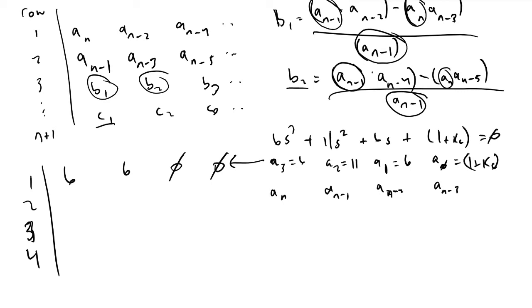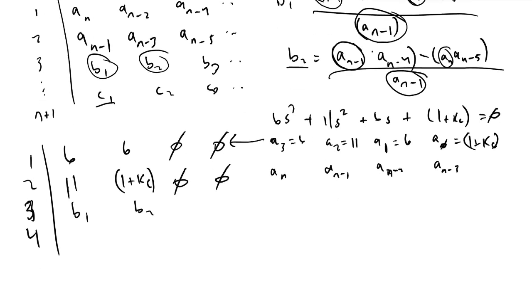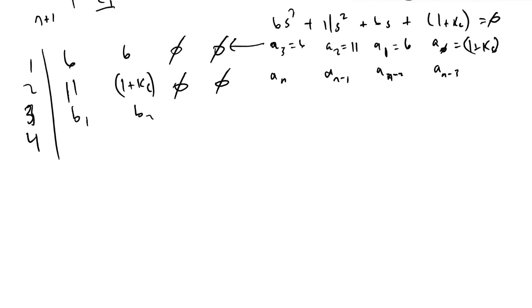And moving on to row 2, a sub n minus 1 was 11, and a sub n minus 3 was equal to 1 plus kc, our controller gain. And the same can be said of a sub n minus 5 and a sub n minus 7. So now we get down to our terms b1, b2, and so forth. What we're going to do for our term b1 is plug and chug.